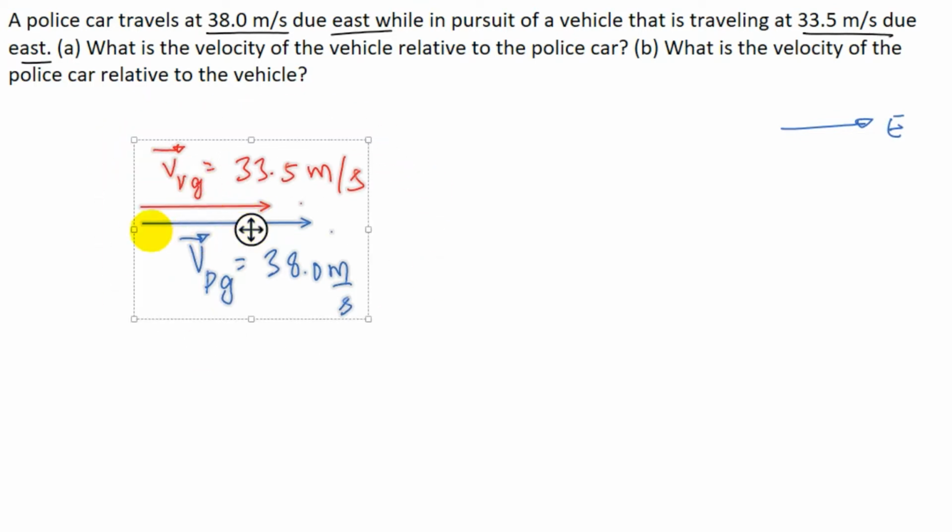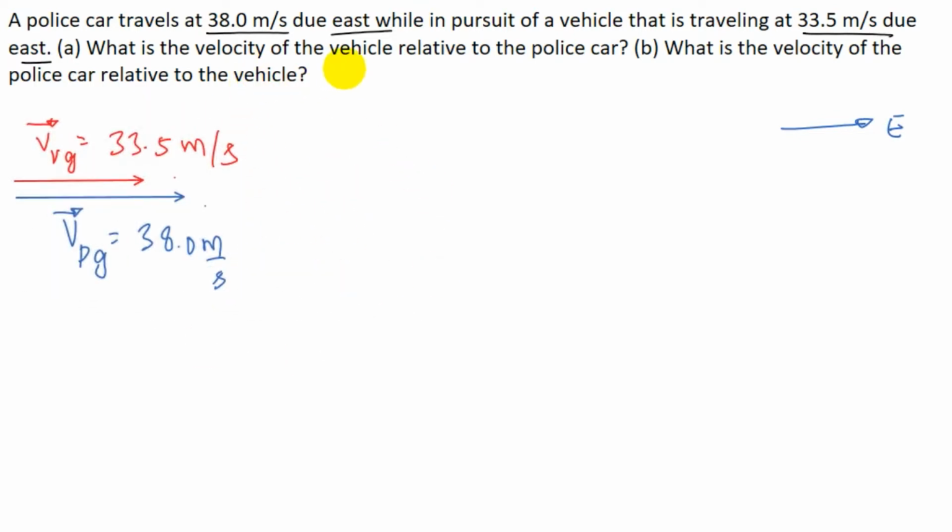In the first part, we need to find the velocity of the vehicle relative to the police car. Now we can write that the velocity of the vehicle relative to police car is equal to velocity of vehicle relative to ground plus the velocity of ground relative to police car.